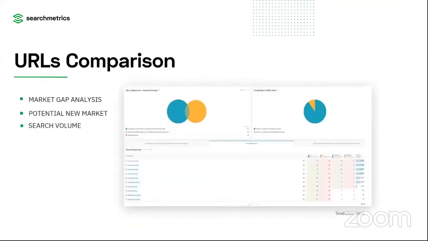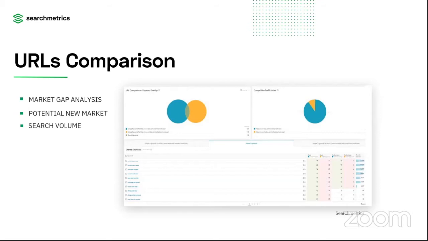Then you can use a little more data. In this case we are using Searchmetrics, but you could use other tools to do that. Something really important is what we call gap analysis. By doing a gap analysis, you're able to look at the topics your competitors are using for a specific topic.